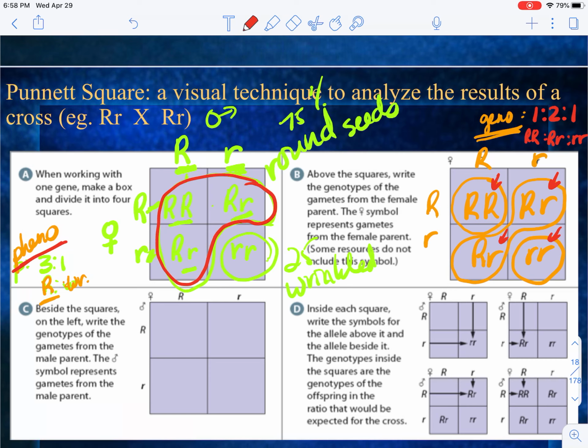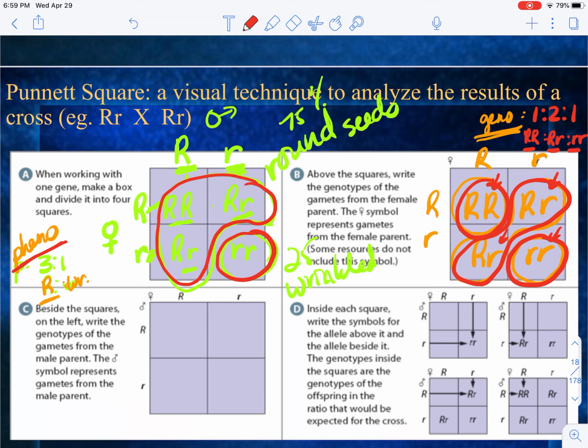Phenotype means the physical look of those offspring. And the physical look of these offspring, it's the same cross, but the physical would be that there's 3 rounds to 1 wrinkled, whereas genotype, the gene combination, is that there's 1 of these, 2 of these, and 1 of these. It's a 1-2-1 ratio. And sometimes they may state it as 2-1-1, usually 1-2-1.